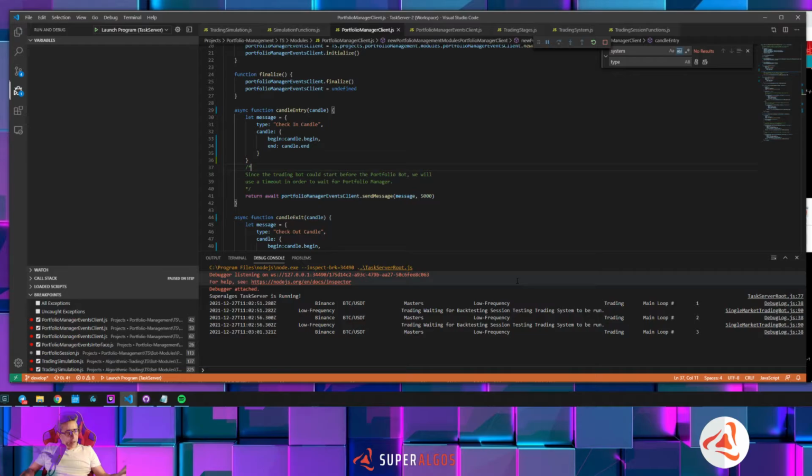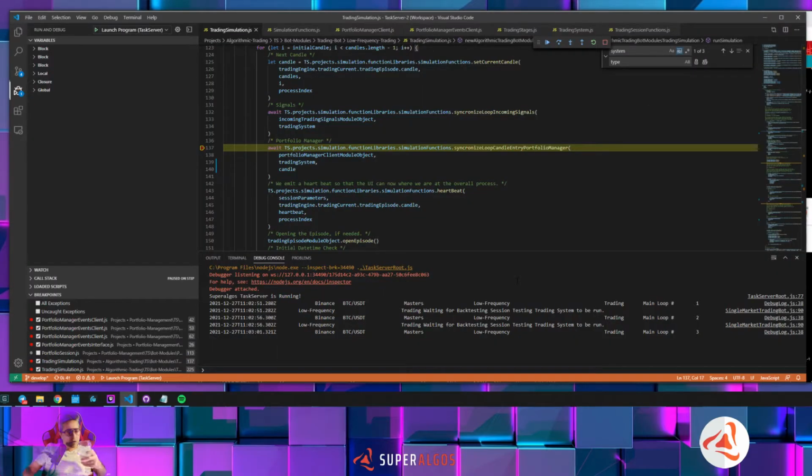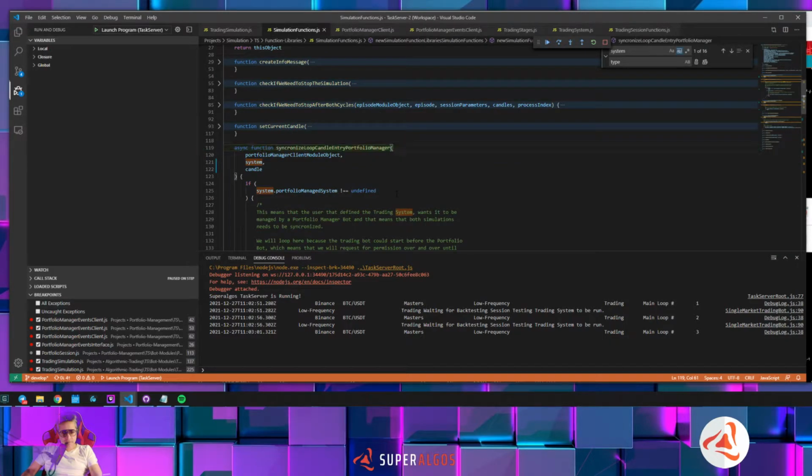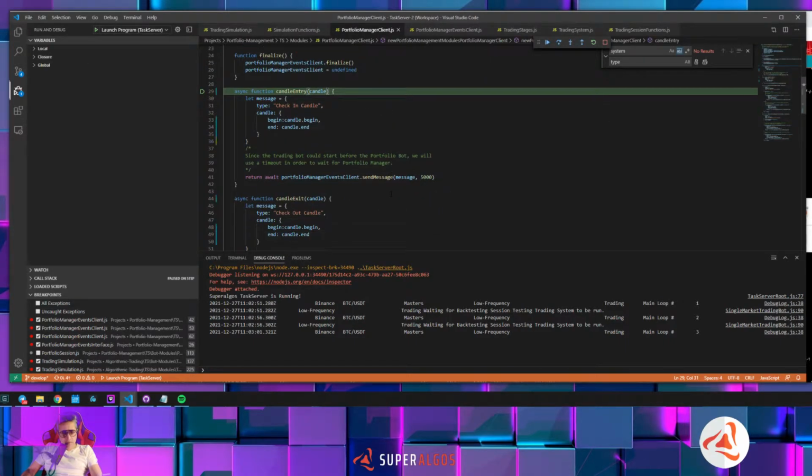Bueno, let's see if this is going to work. I'm going to put a breakpoint here. Okay. So we enter here. We enter here.